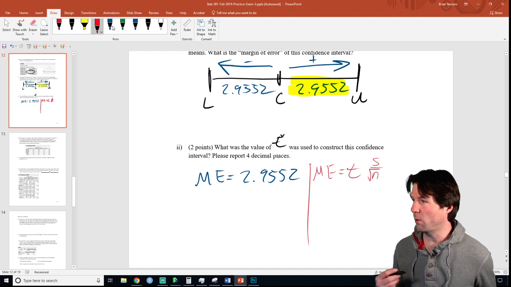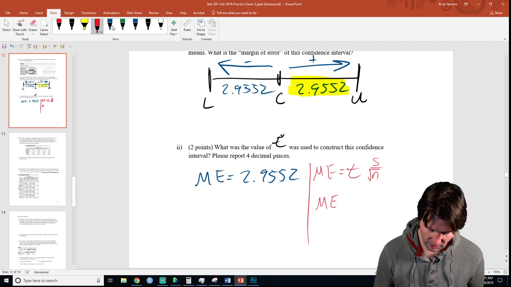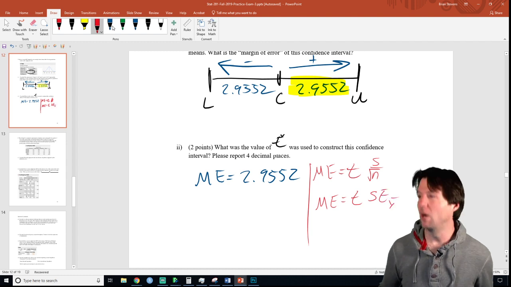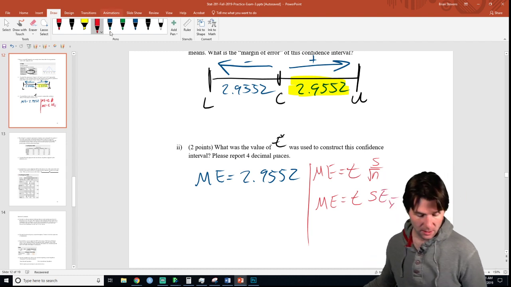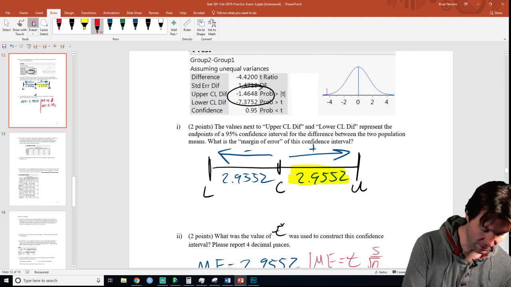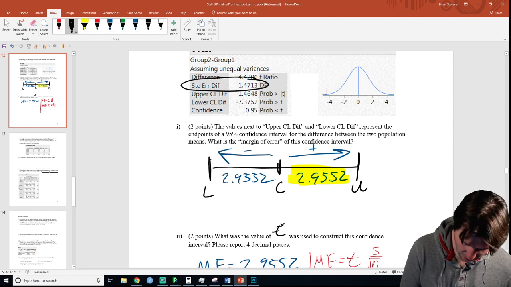What's even better is I think we have the standard error in the output. So margin of error equals T times SE of Y bar. You can do it. Let me just see. Oh, no, you have to know that that's the standard error. So you do have to know that for this one. You do have to know that this is the standard error.